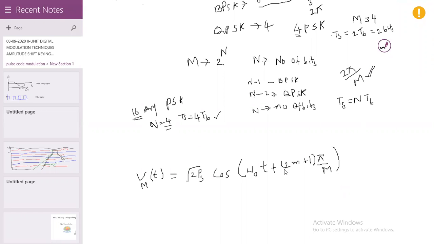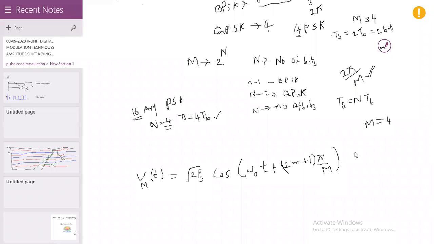Here we can observe why we write this equation, and I gave you an explanation also. For M-array PSK, this is the generalized equation. In the previous case, in QPSK, M is equal to 4, only 4 symbols are there. That's why in QPSK we can directly substitute M is equal to 4.